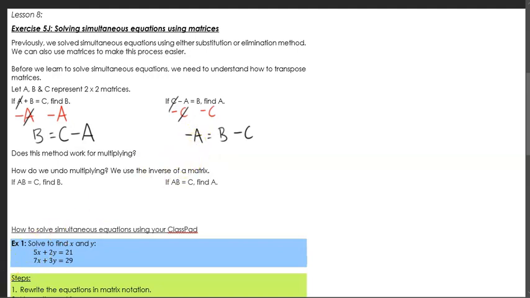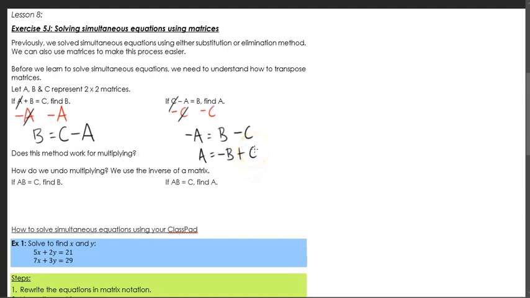But all that happens is this A, everything on the other side becomes the opposite. So this plus B becomes minus B, and this minus C becomes plus C. And that's all there is to it when it comes to matrix adding and subtracting if we want to transpose it. But it doesn't necessarily work in the matrix world with multiplying, because multiplying has a different set of rules applied to it.